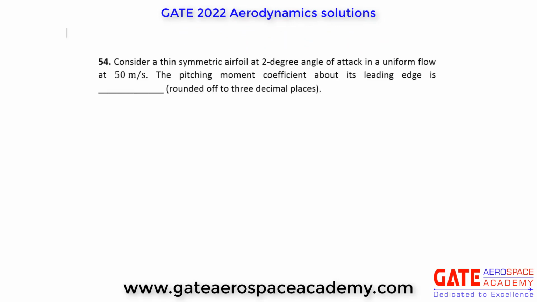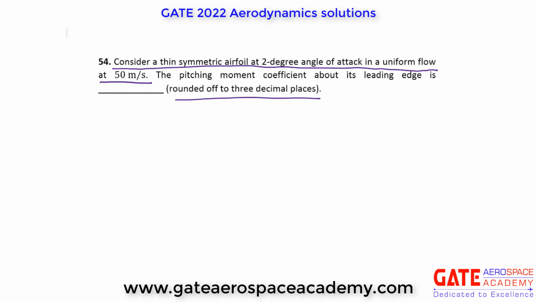Question number 54. Consider thin symmetrical airfoil at 2° angle of attack in uniform flow at 50 meter per second. The pitching moment coefficient about its leading edge is rounded off to 3 decimal place. In class we have derived formula for pitching moment coefficient about various points for thin symmetrical airfoil, like leading edge, quarter chord point, trailing edge.